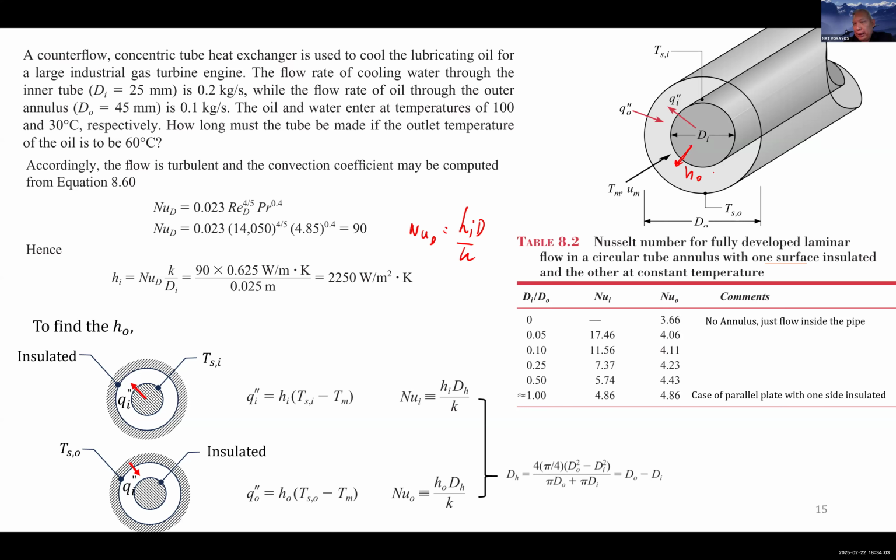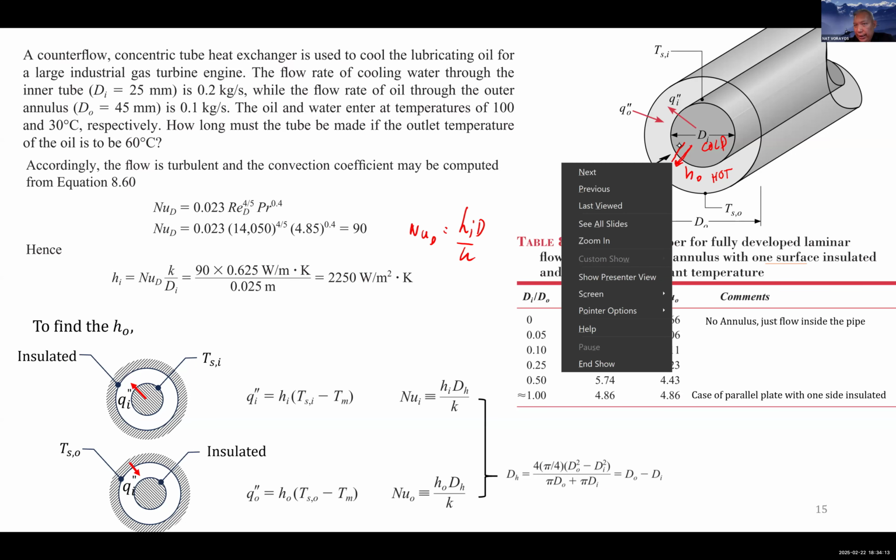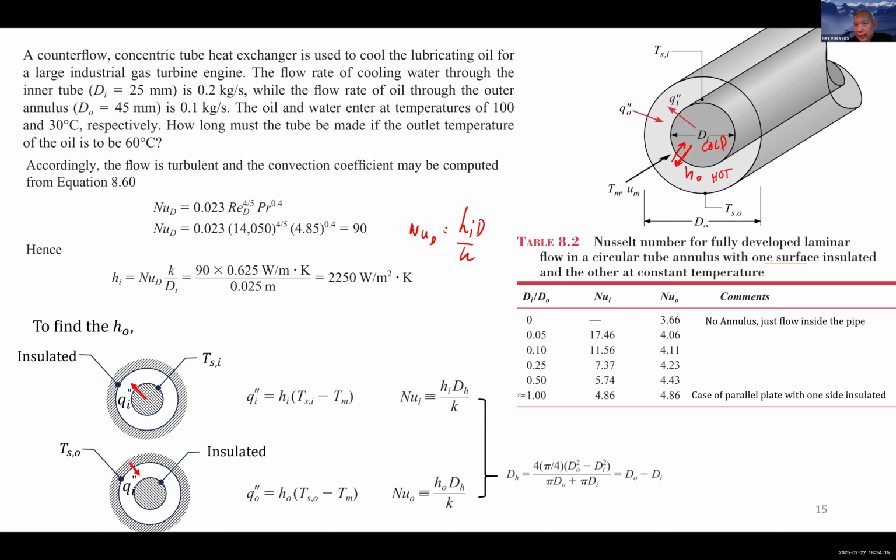In fact, because the fluid in this problem over here is hot, over here is cold. However, the heat is going to be transferred from here to there, by interacting between the flow on this side and this surface.